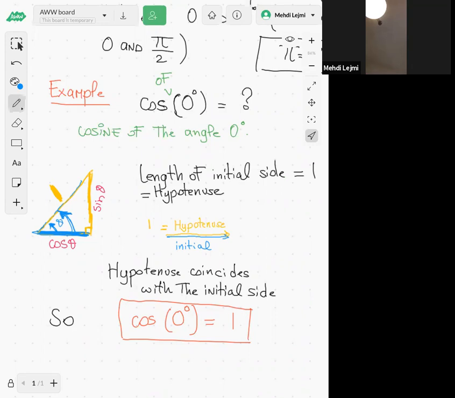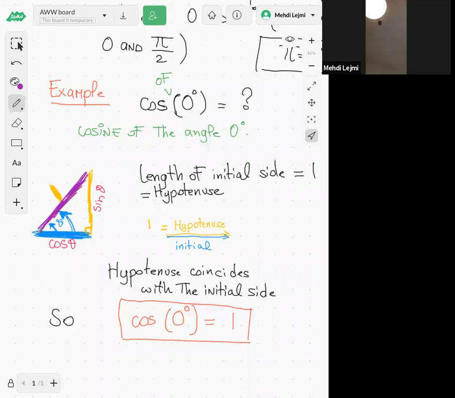So this blue side coincides with the hypotenuse, right? They coincide because there's no angle. The blue segment coincides with the purple one, the hypotenuse. They coincide because the angle is 0, so it's just the same segment.